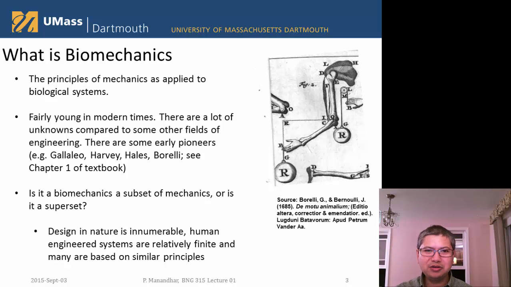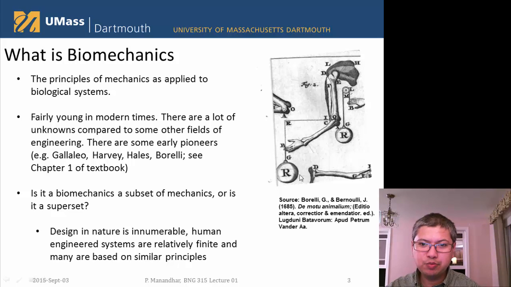If you read chapter 1 of the book, you might find a little bit of history interesting. On the right, here's a figure from a book from 1685 by Borelli, which talks about how the human arm can be modeled like a lever-like system where the weight is applying a torque at the joint, and muscles are used to lift that weight.